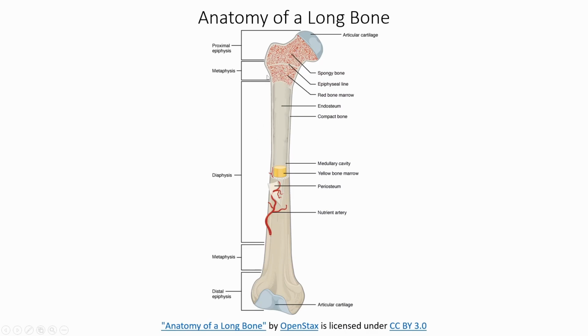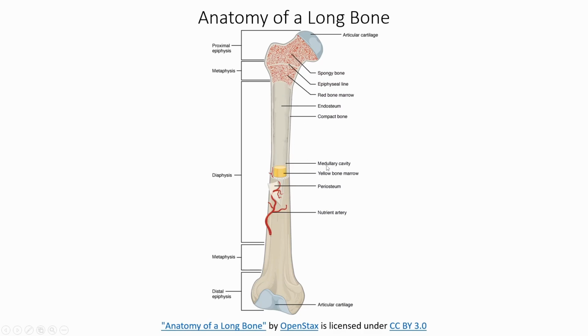Up here in the cutaway, we can see the epiphyseal plate, sometimes called the epiphyseal line or the growth plate. All this in red shows the spongy bone, and as we move down, we get to this long, lean section. This is the diaphysis, and this is where we have a hollowed out component, right, called the medullary cavity.